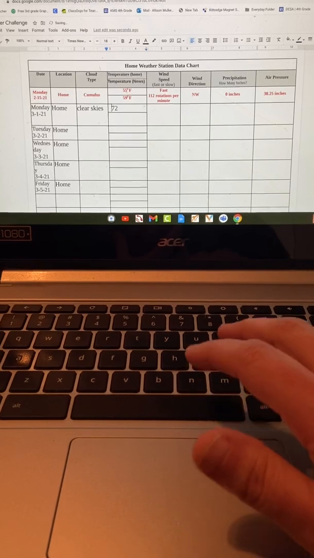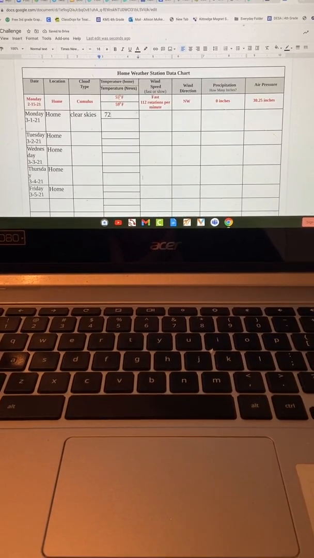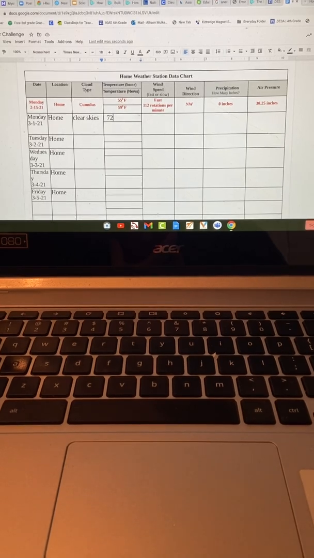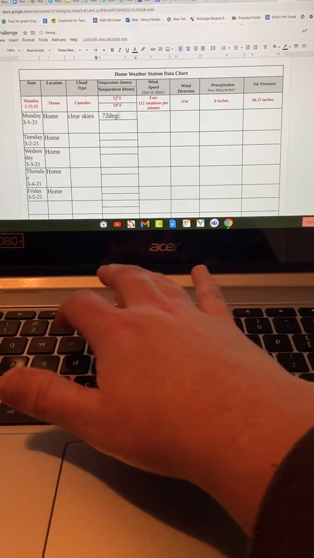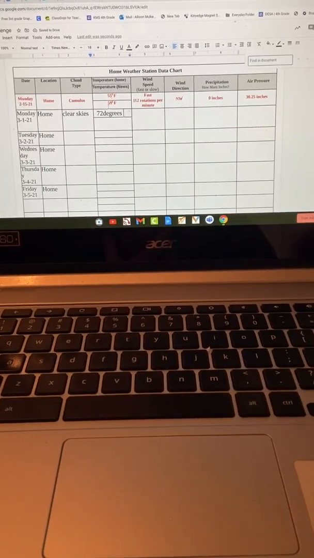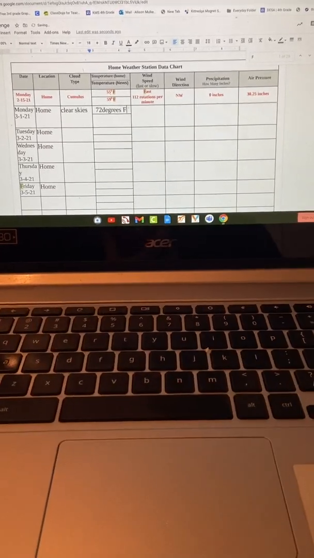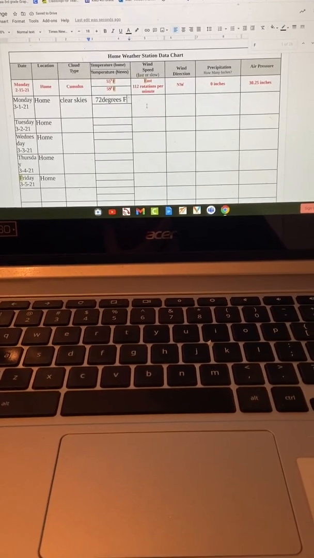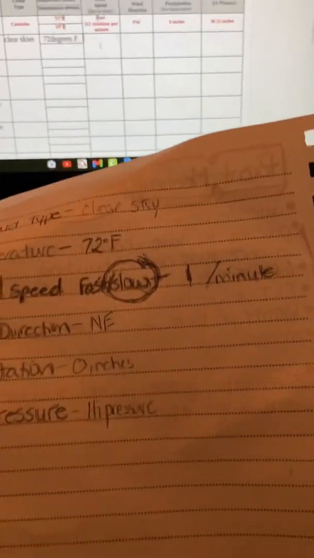So I'm going to say that my temperature is 72. And I'm trying to think of the degree mark. I'm just going to say degrees, and I'm going to put a capital F for Fahrenheit. All right. My wind speed, we said the wind speed was really slow.